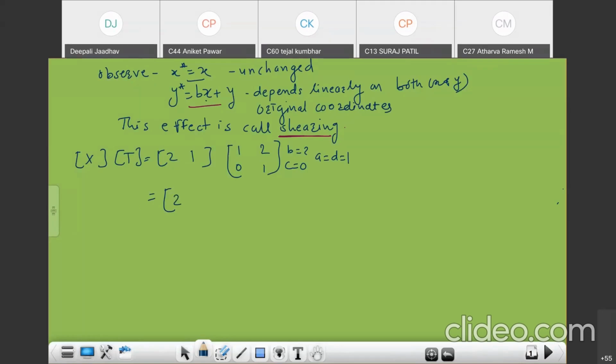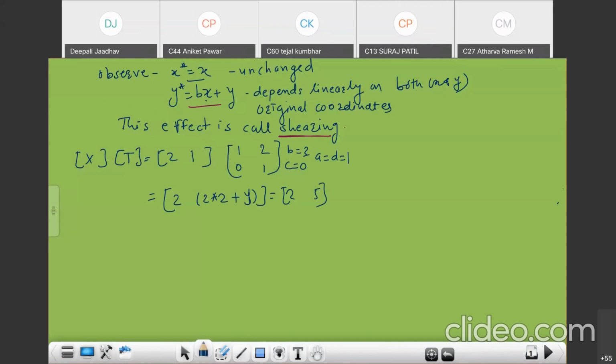And Y star is equal to BX plus Y. What is B? 2. So 2 multiplied with 2 plus 1. The new point is 2 and 5.